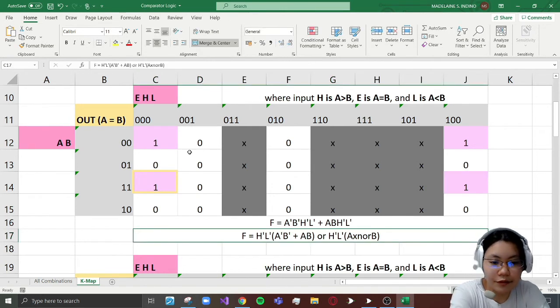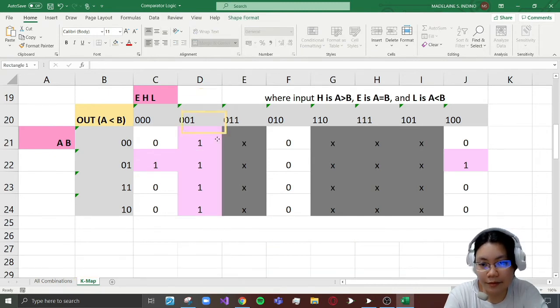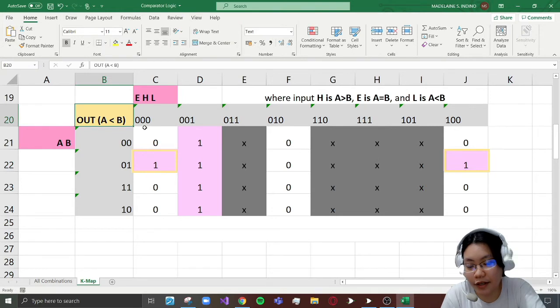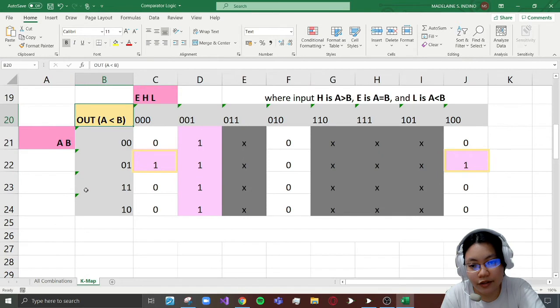For our third output, how many groups can we form? We can also form 2 groups. This is the first group. Our next function is A is less than B, and it is column H. And there are 6 possible outcomes that turn into 1, and those are the light pink shaded here.